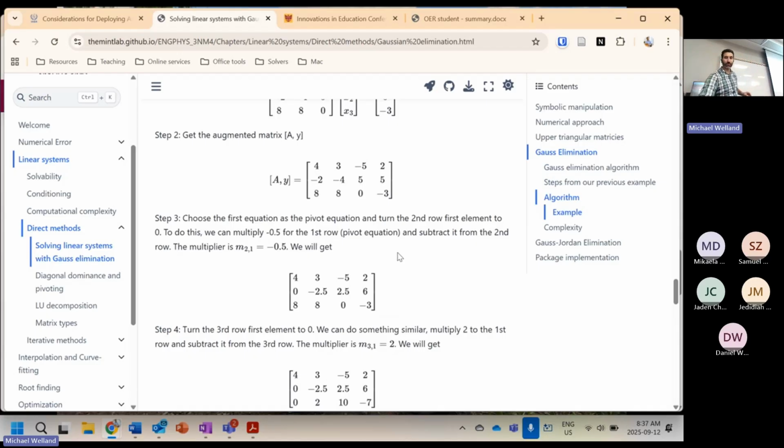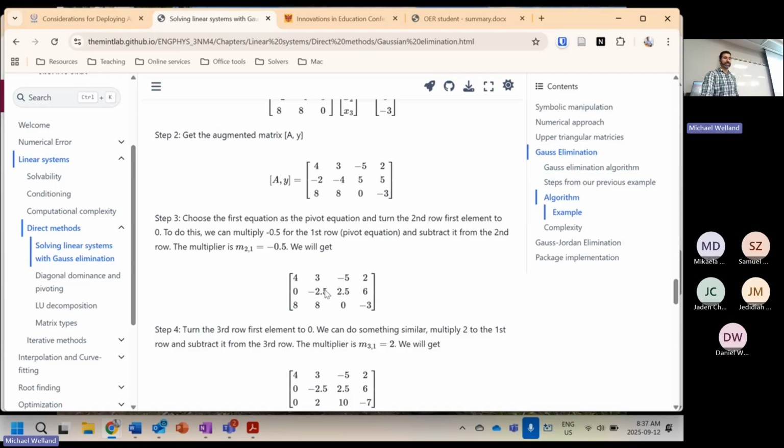And we turn the second row, first element, to 0. That's our goal here. We want to eliminate that first element in this column, on this row. To do so, all we have to do is multiply the first row by 0.5, negative 0.5, depending on if you're doing plus or minus, and then subtract it from the second row.